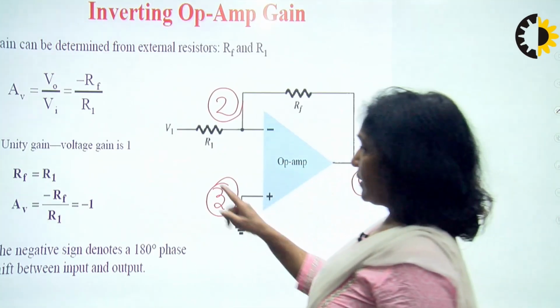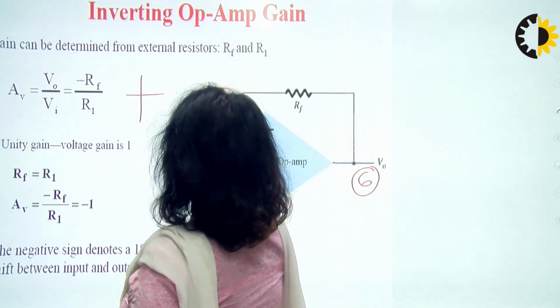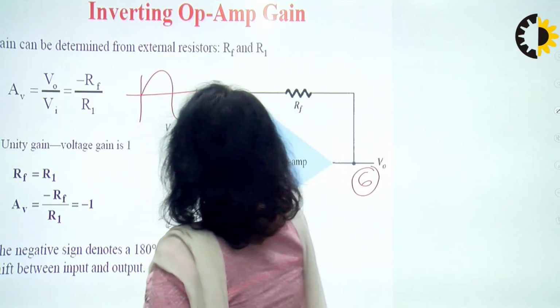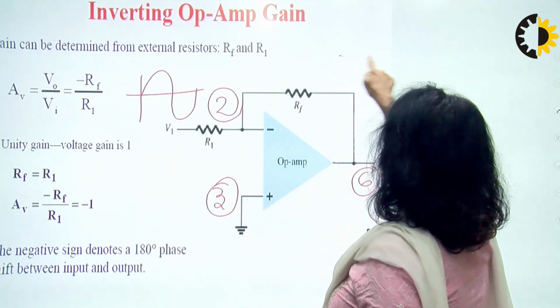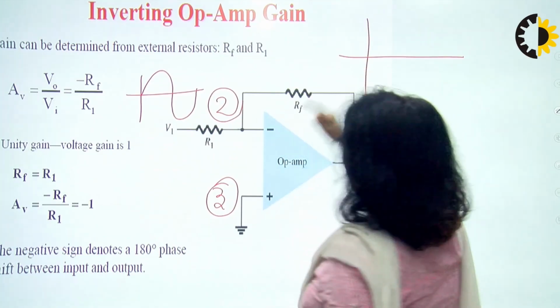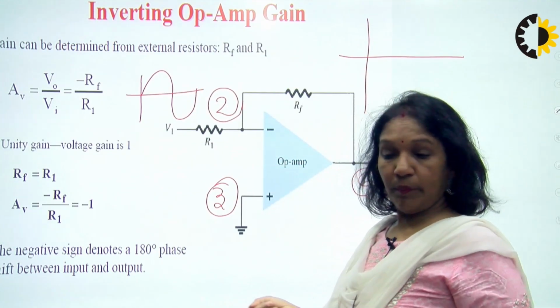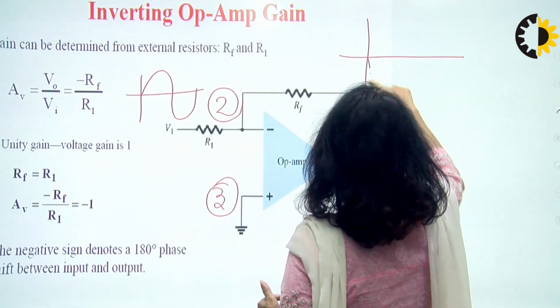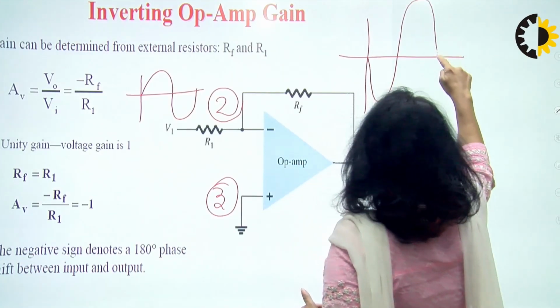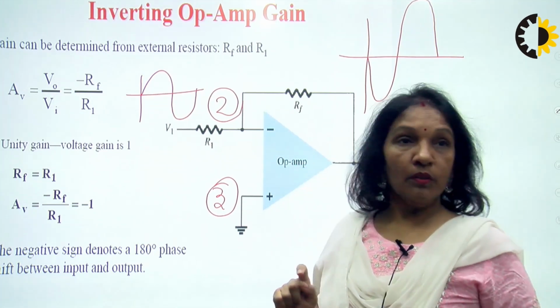So whatever signal we apply to the inverting amplifier, we get at the output the inversion of the signal, meaning a 180 degree phase shift will be there.